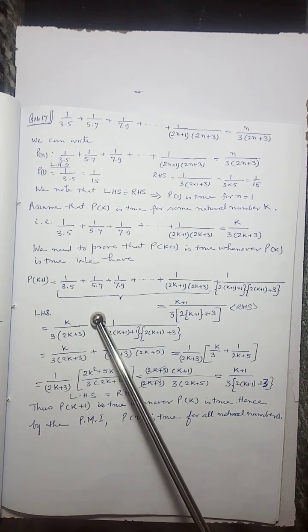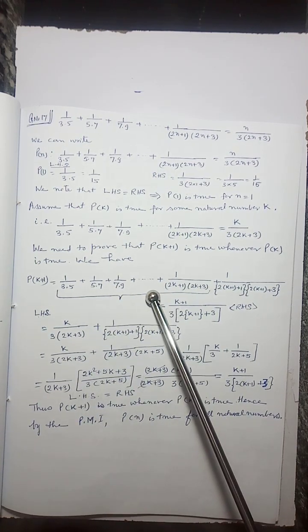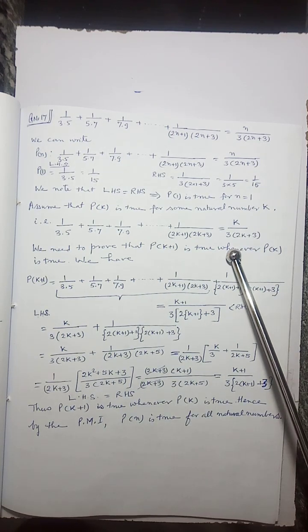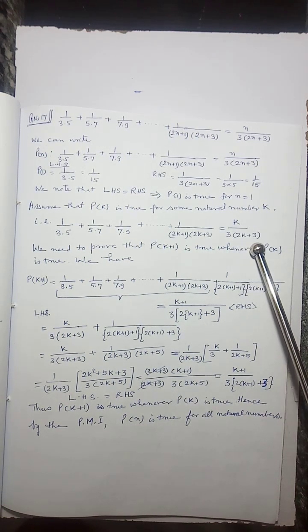The left hand side, you see this much, can be written like k upon 3 into 2k plus 3.